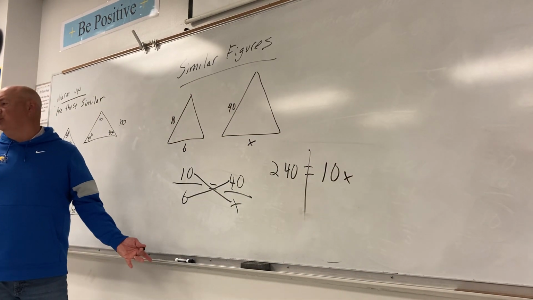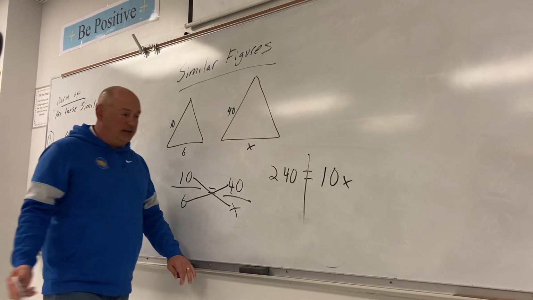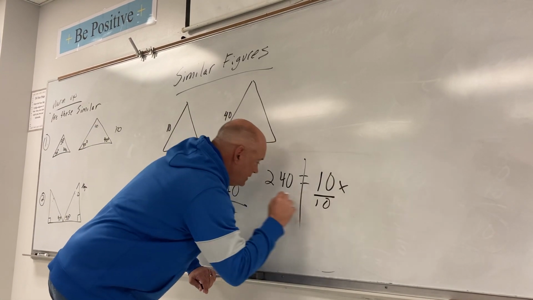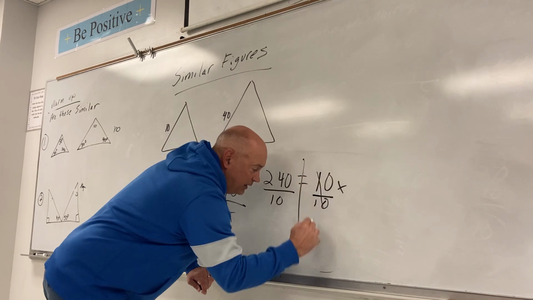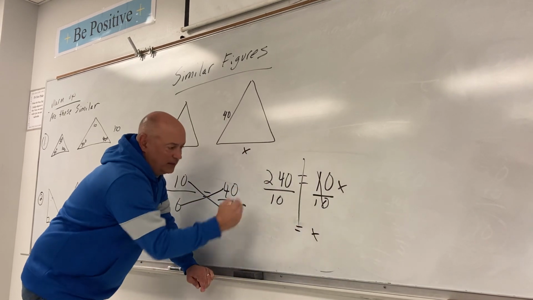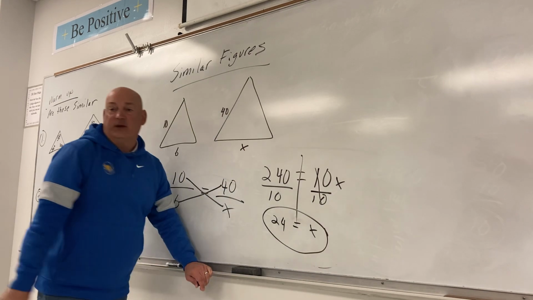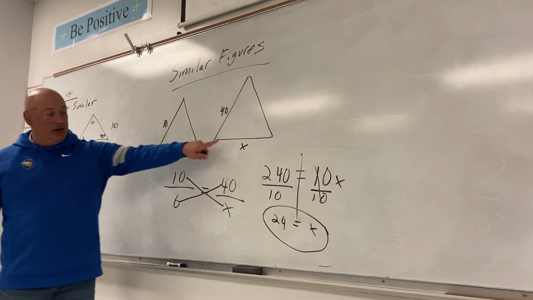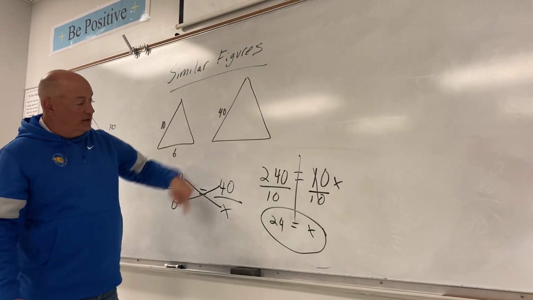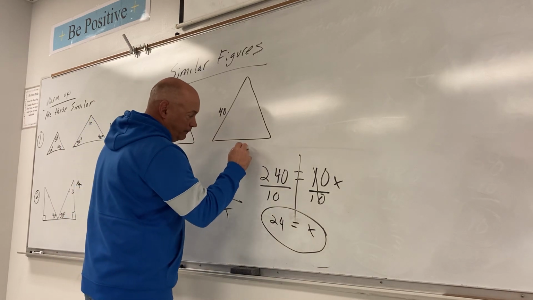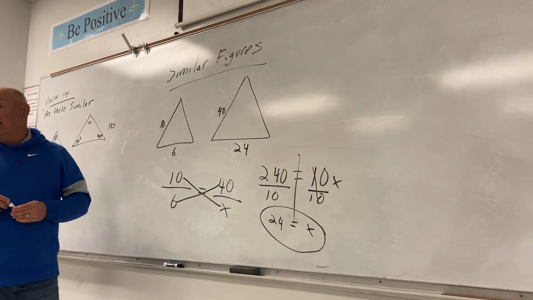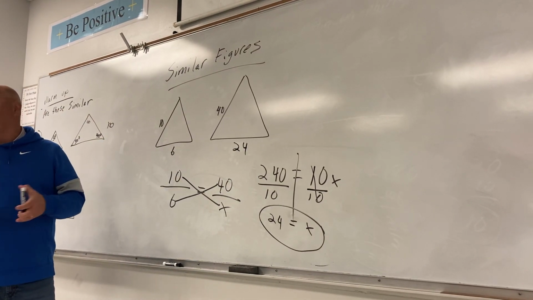What do we need to do? Divide. We need to divide by 10, and we will get the same answer. What is 240 divided by 10? 24. Any questions? So in this problem, this side of this triangle should be 24. Not all of them are going to be that easy, but they're all going to work the same way.